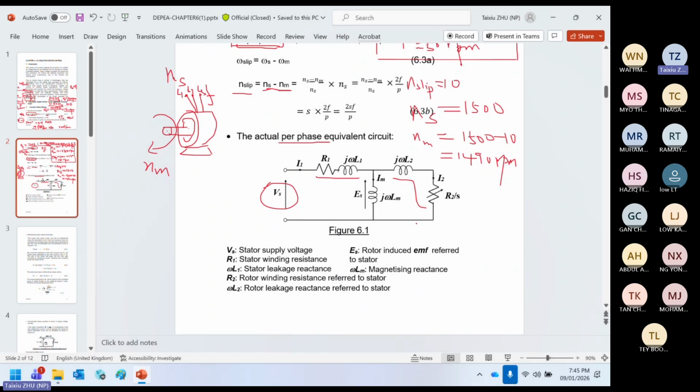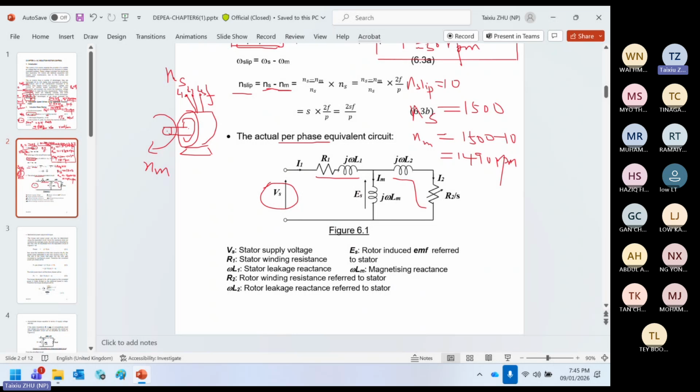In the induction motor case, there's no contact between the rotor and stator. We have some cutaway motors, but I do not take your lab, otherwise I could show you very clearly. But anyway, you will learn this again in the next stage.